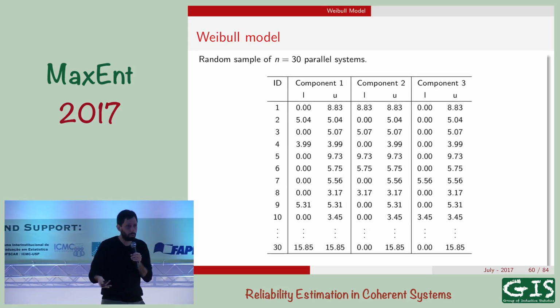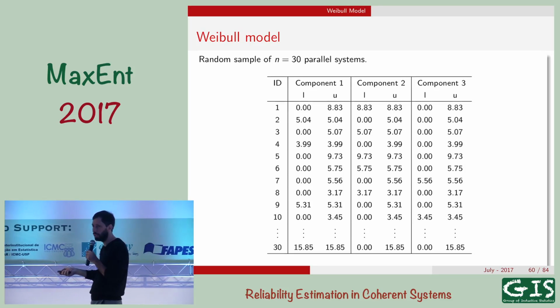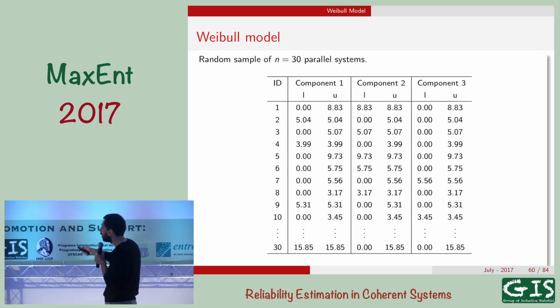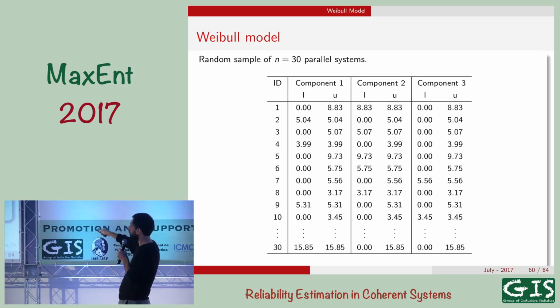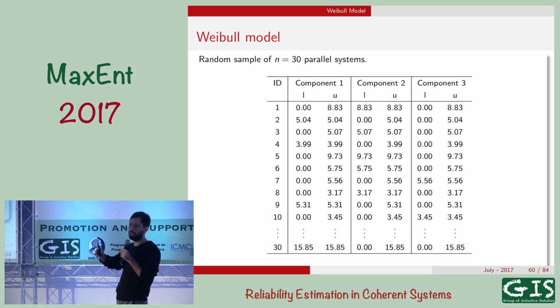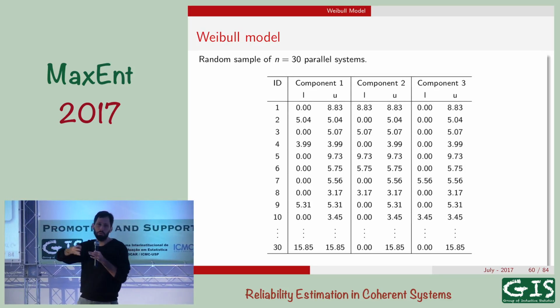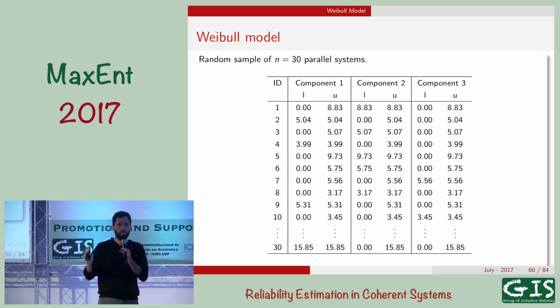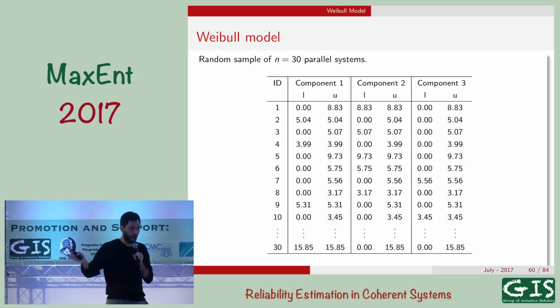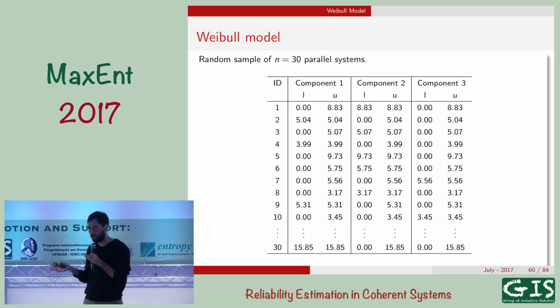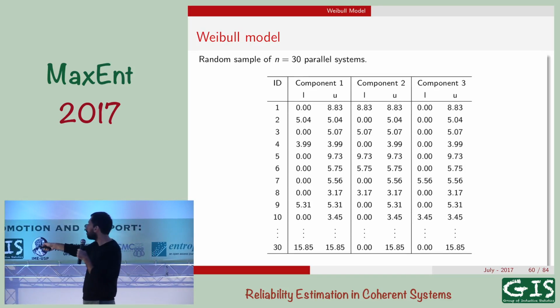Yes, we can also solve the parallel system models here in the parametric approach. We call this simple because, in our mind, it's easy to handle, because all data will be left censored or observed.